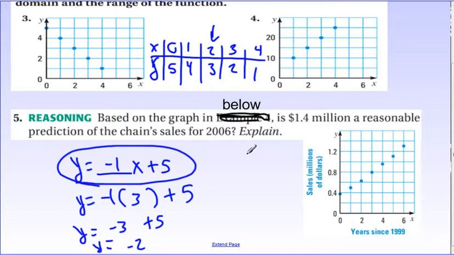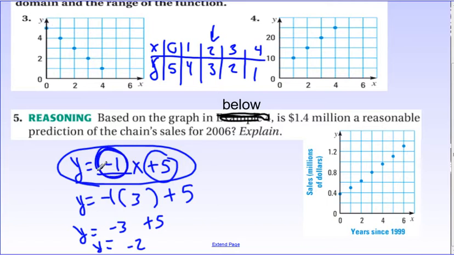Now, I'm going to go a little bit farther in this slope-intercept form to help you out, because I can't think of a better way off the top of my head to explain this. So we've seen how to get this number. This is where the dots look like they're crossing the y-axis.